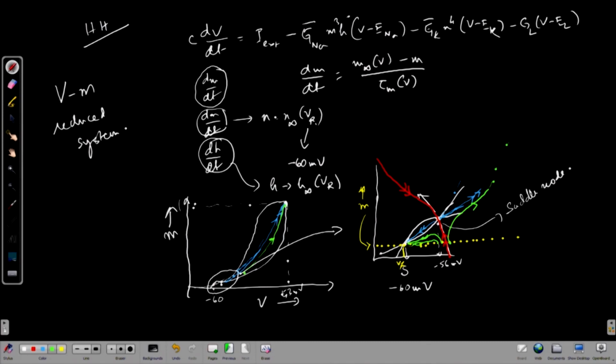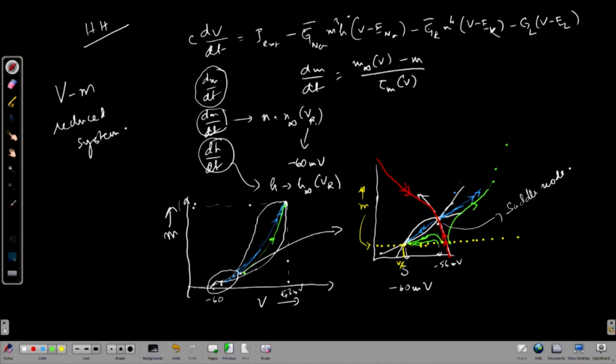With this we conclude how the action potential has a true threshold behavior, and how even in the Hodgkin-Huxley model we can produce and see the true threshold behavior, and this is why we consider the action potential as all or none.